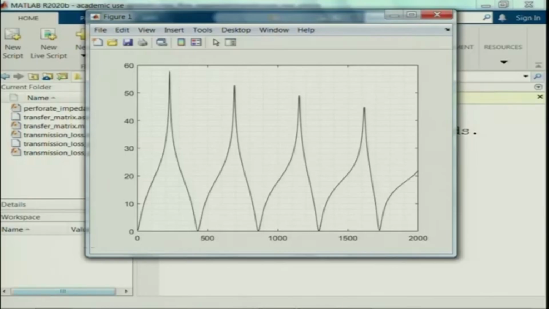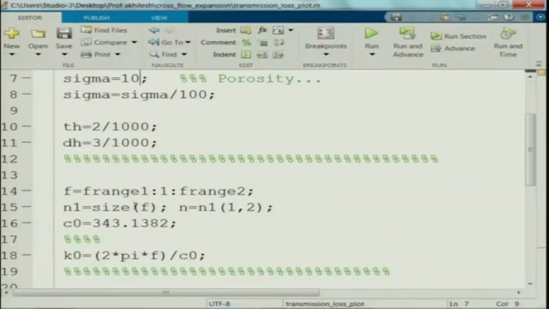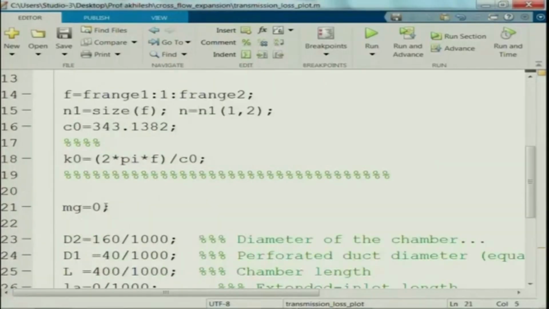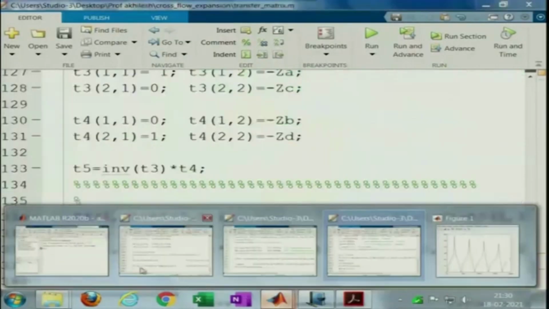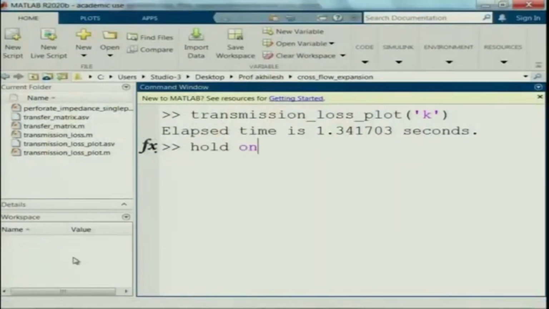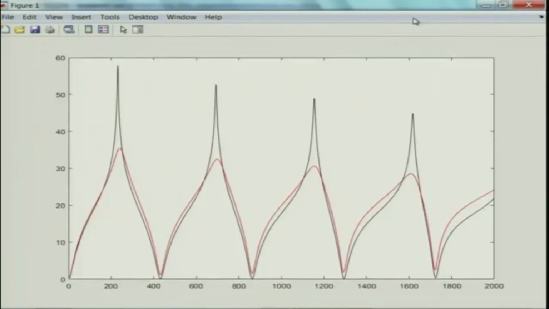Even if the flow is there, let us see what flow does to this configuration. If you put a large flow, you see, flow really lowers the attenuation peaks, and the troughs again are lifted.